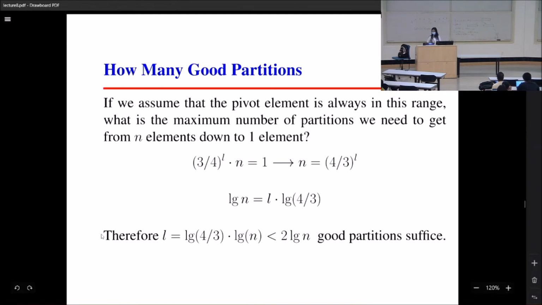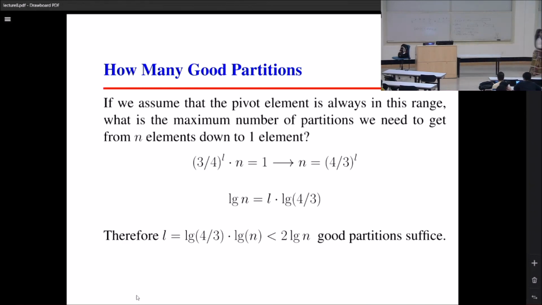As you can see here, n will be 4 divided by 3 to the power of L. And then log of n will be L times log of 4 divided by 3. And therefore, L will be log n divided by log of 4/3, which is smaller than 2 log n. Do you have any problem with the equation?